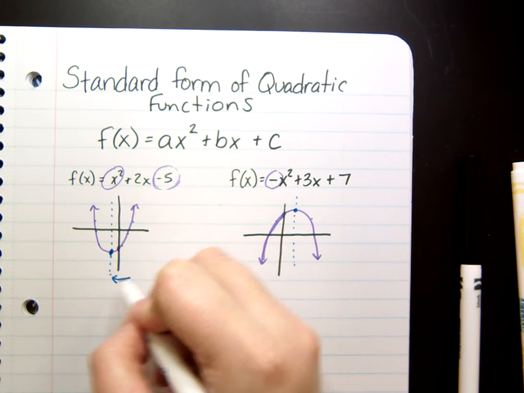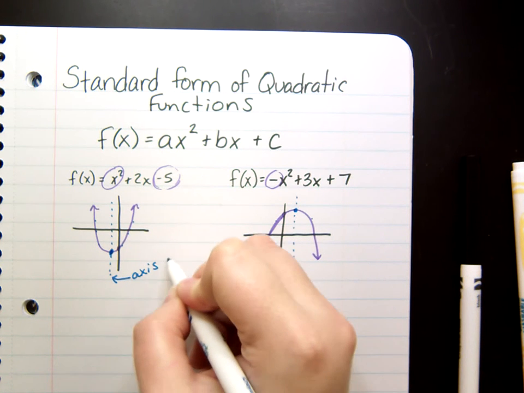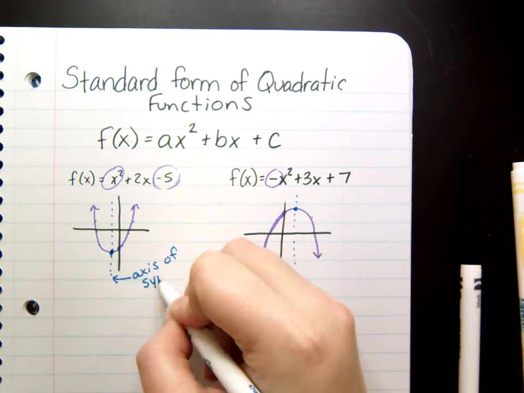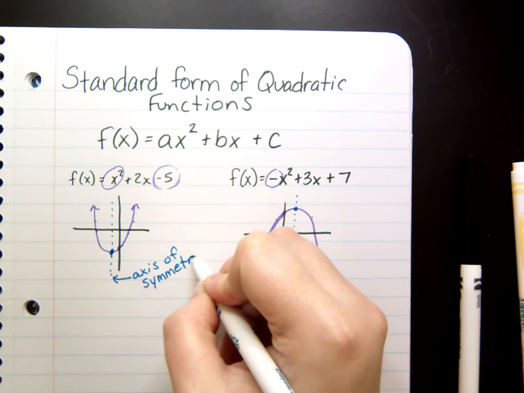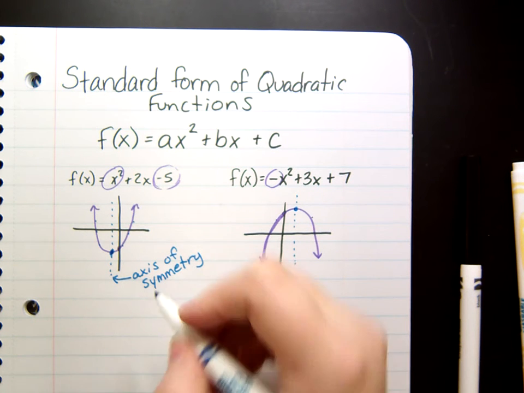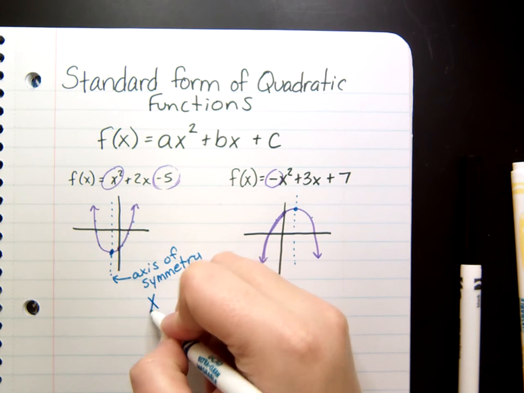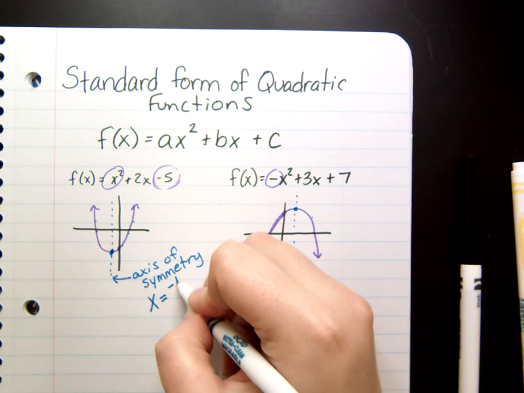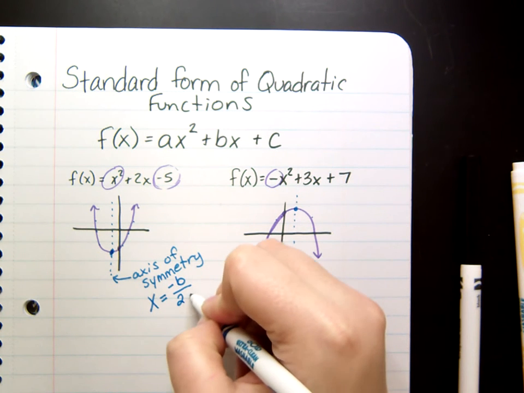This line is what we call the axis of symmetry, or line of symmetry. And the formula for the axis of symmetry is x equals -b over 2a.